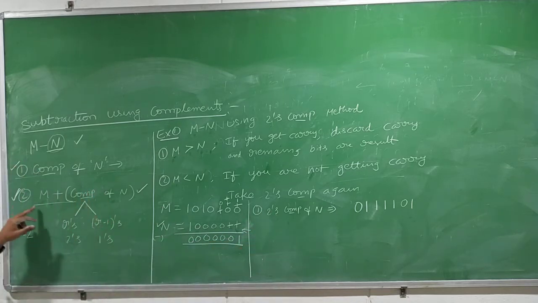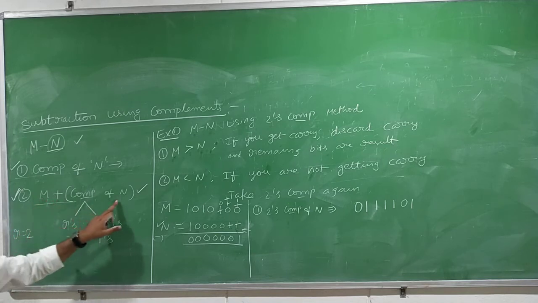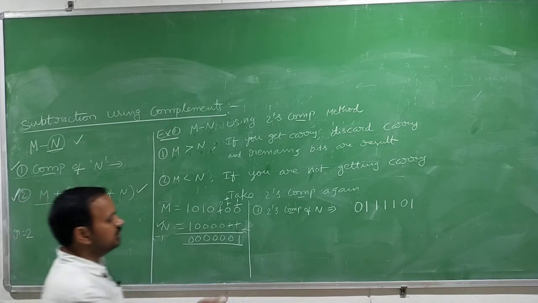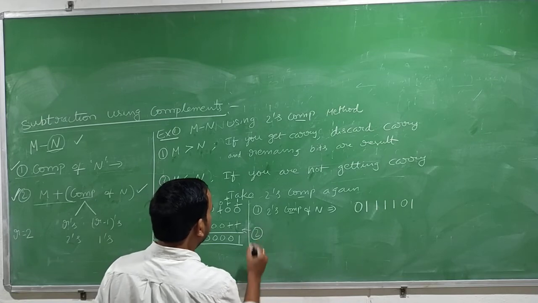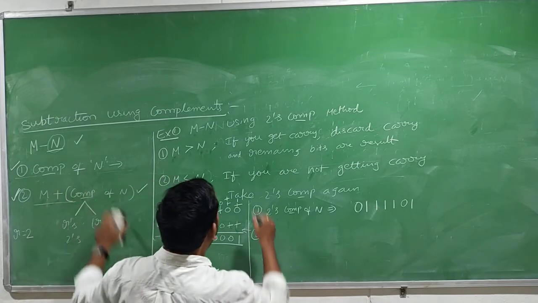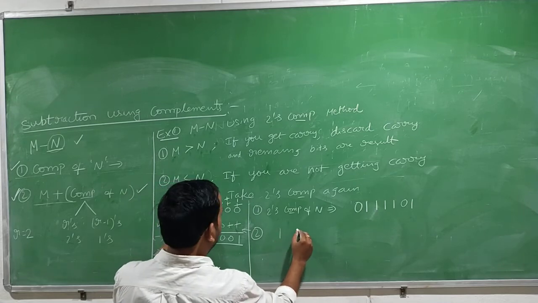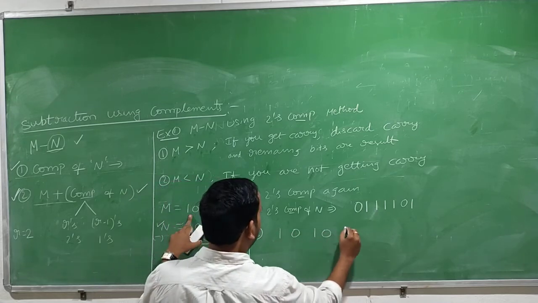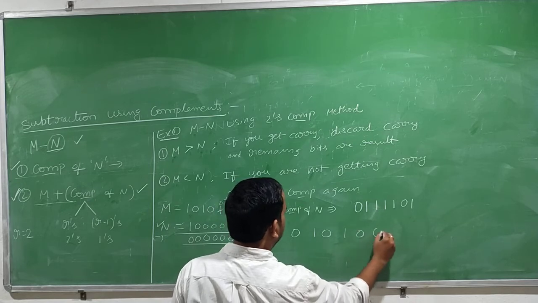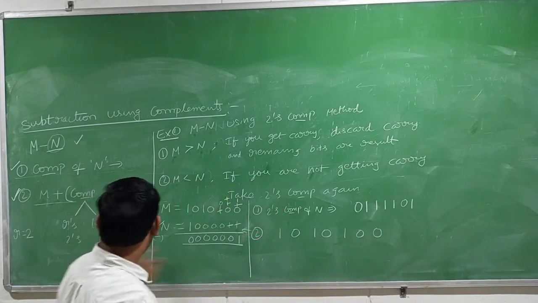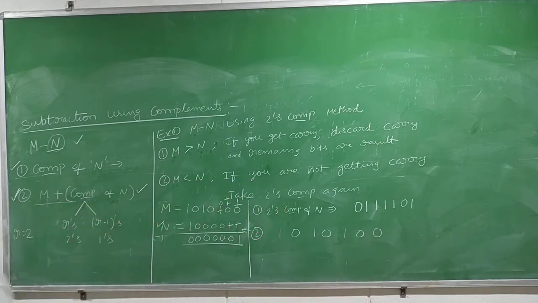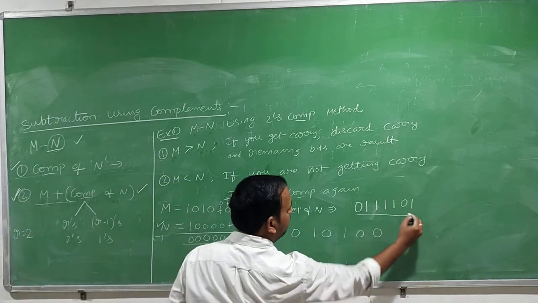Next step, the second step, is m plus complement of n, right? Here m is nothing but 1 0 1 0 1 0 0. Now add the complement of n, which we have already derived here, right?